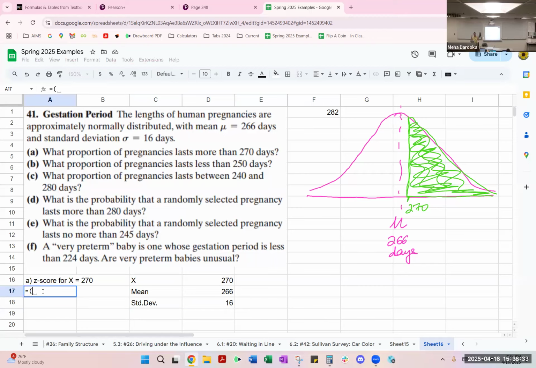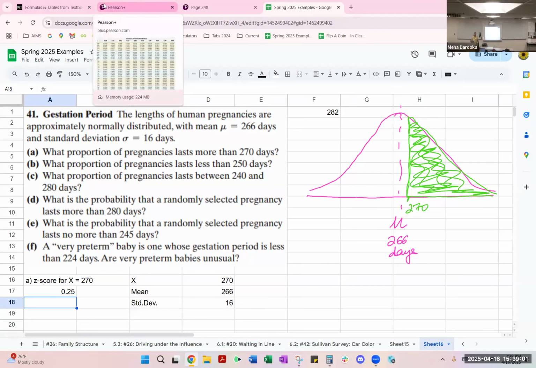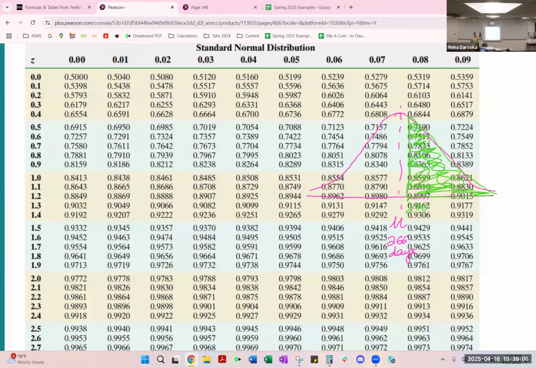Since you have to do the subtraction first, we're going to put it in parentheses, so it's 270 minus the mean of 266, and then you divide that subtraction by the standard deviation of 16. You will see how I put that subtraction in parentheses, because we need to tell the calculator to do the subtraction first, then when you have the answer, do the division. So the z-score is 0.25. 270 is a number larger than the mean, so you are going to get a positive z-score.